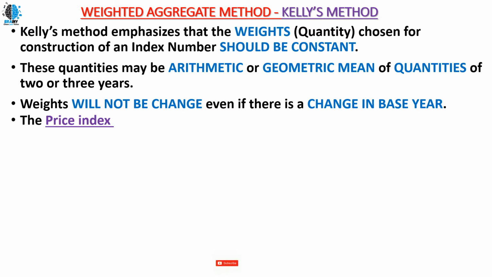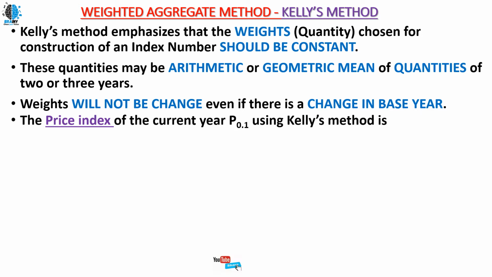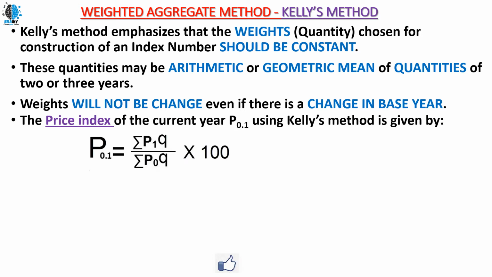The price index of the current year P01 using Kelly's method is given by P01 equals summation P1 into Q divided by summation P0 into Q, into 100, where Q is the fixed quantity weight.